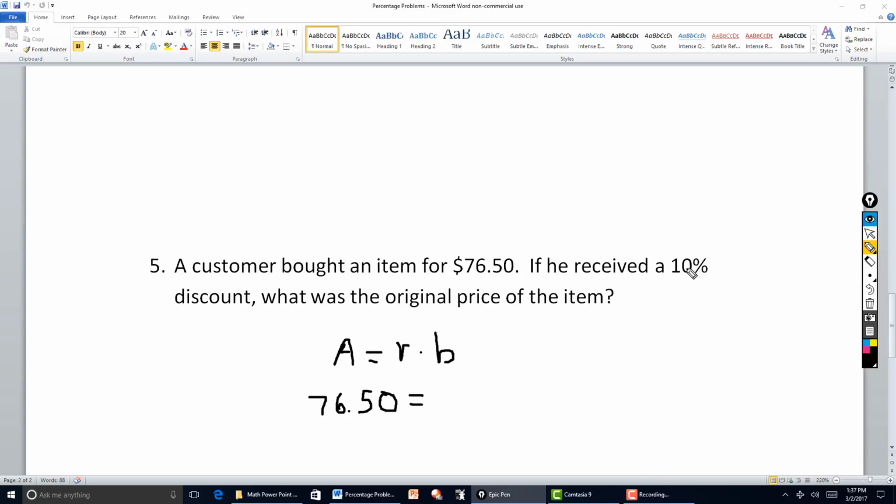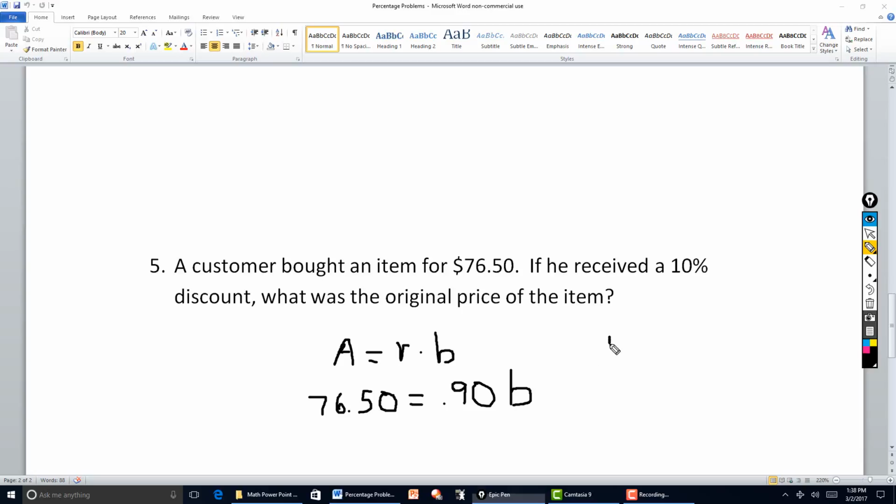If we received a 10% discount, we wind up paying 90% of the total. So 76.50 should be 0.90 times the base, which in this case represents the original price.